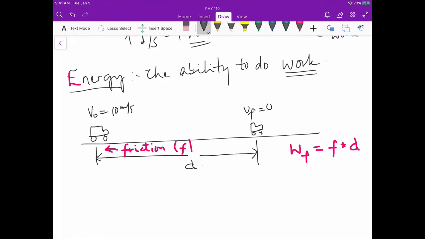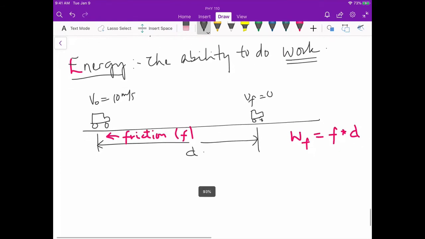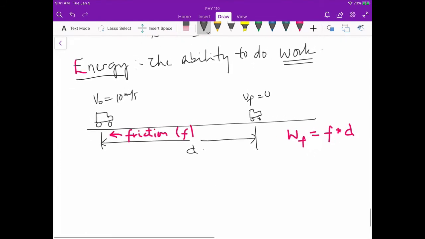We try to solve physical problems like that in terms of Newton's laws, but sometimes Newton's laws might not be fully useful in certain instances.